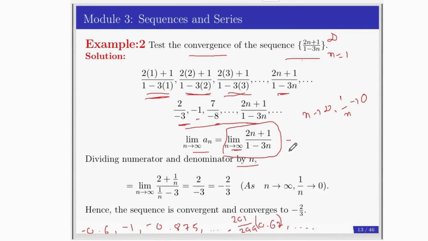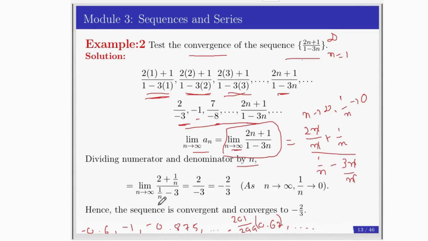After division, n cancels out. The answer is (2 + 1/n)/(1/n − 3).